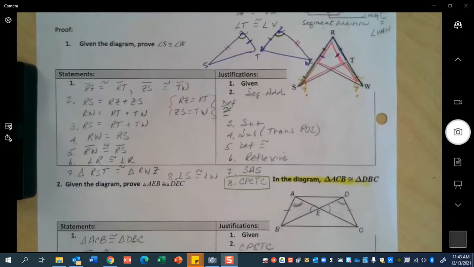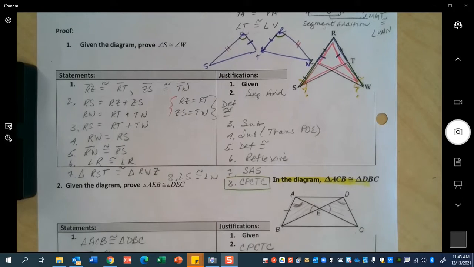For this triangle pair, Olivia, you can see that I did sketch them out separately. If I'm given that angle S and angle W are congruent... no, that's what I'm proving. I'm given the diagram.